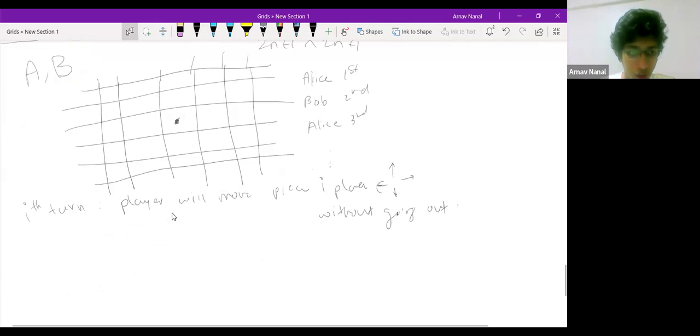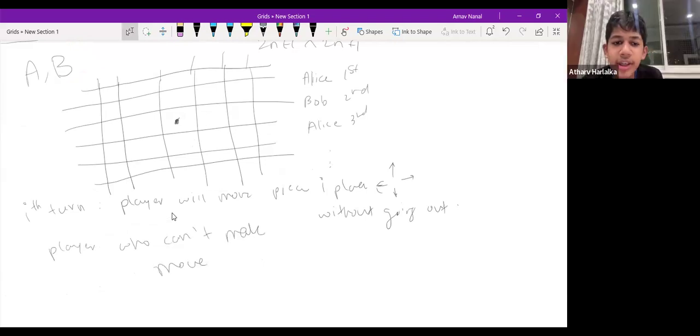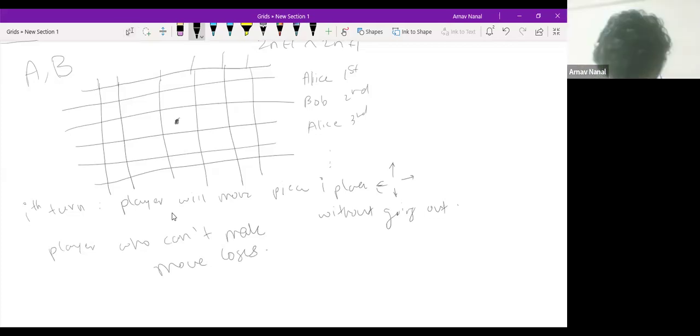The player who can't make a move loses. Is it moved i steps? At the ith turn, it will move i steps. First Alice will move one step, then Bob two steps, Alice three, Bob four, and so on.